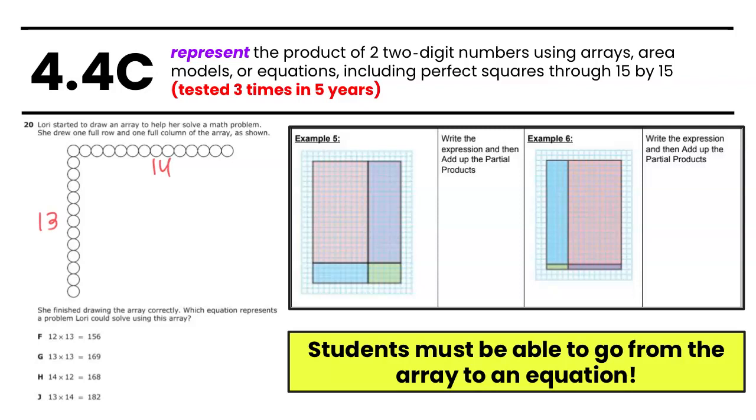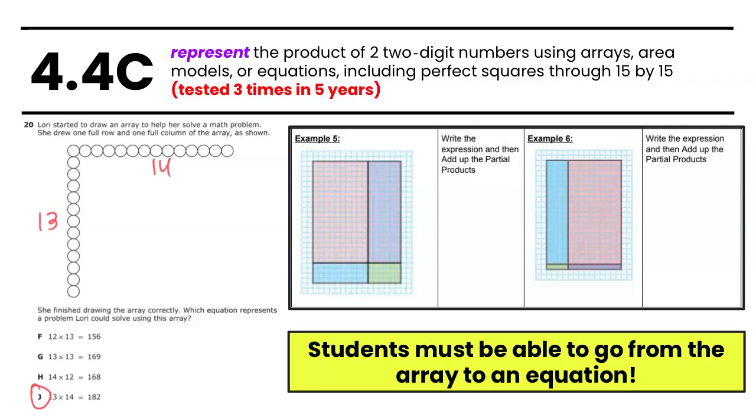So they should know that this array is modeling 13 times 14, which is letter J. One misconception or error that students could probably fall into is not counting this as both on the top and on the side. So make sure that they are counting that right there as both a top piece and a side piece.